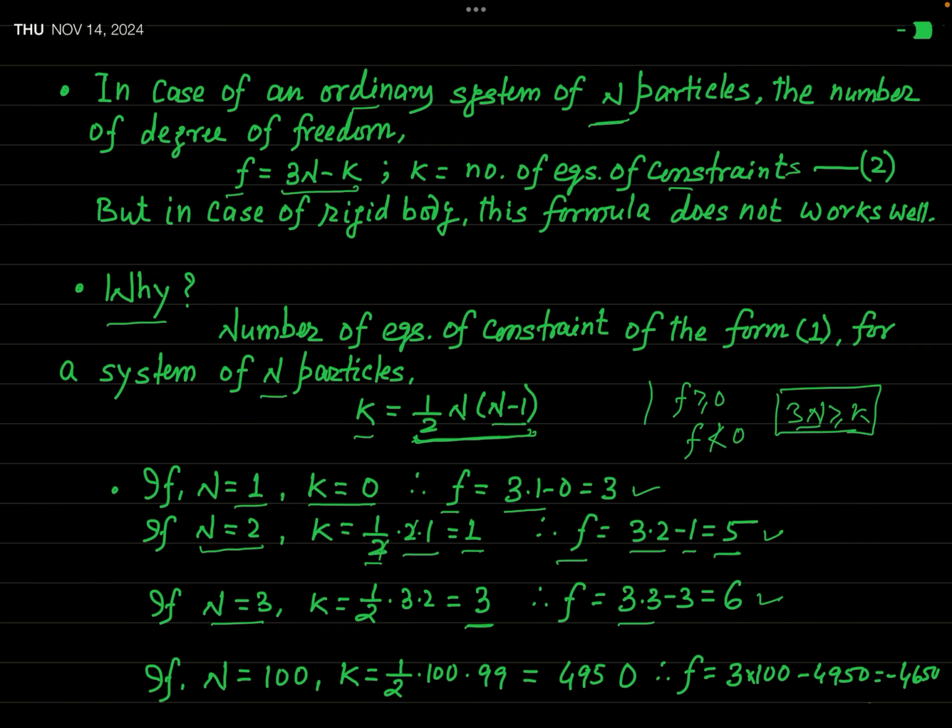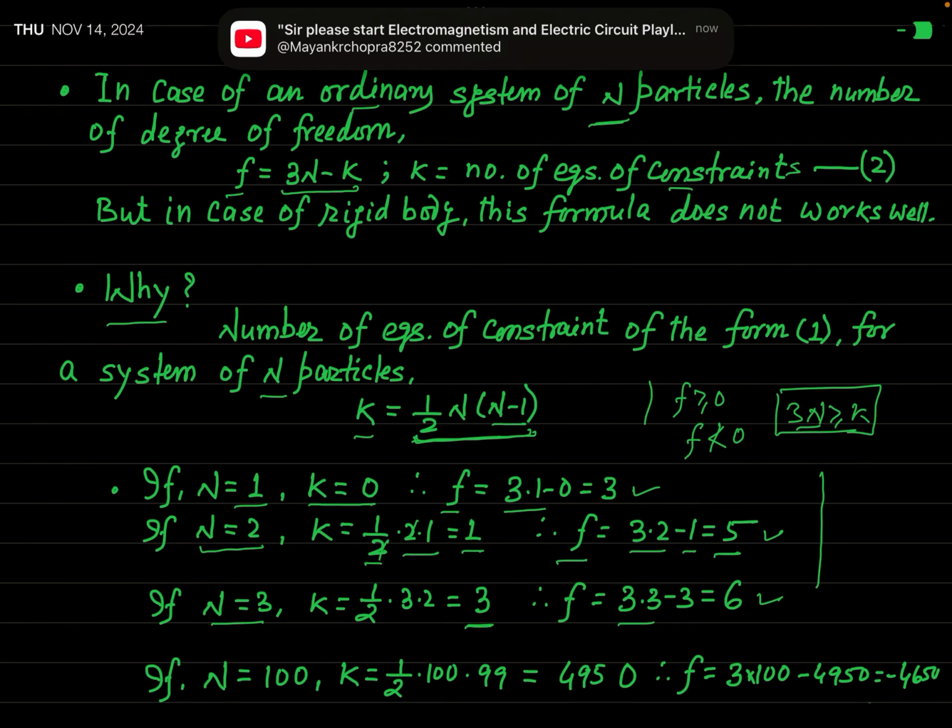Actually, in these first 3 examples, you have seen that the degrees of freedom come out to be plus 3, plus 5, plus 6, and so on. And all are positive. So for all these 3 systems, this formula for finding the degrees of freedom works well.